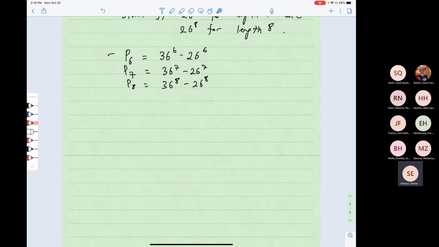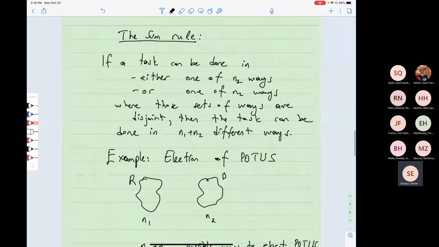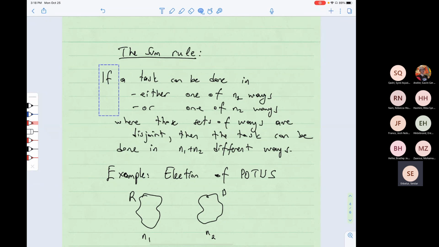Okay, enough. So next rule, called the subtraction rule. I'm going to borrow the wording from the sum rule.